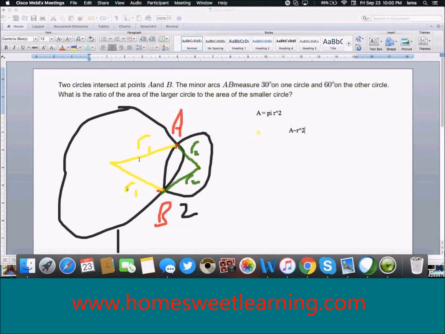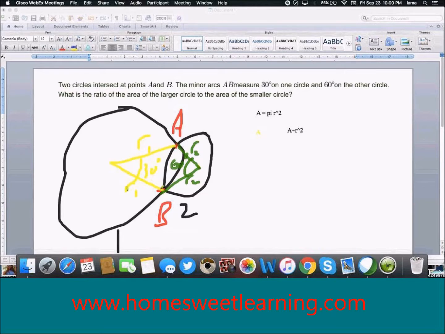That's clearer if I had a more accurate drawing, but we can tell that this angle right here is going to be the 30-degree one, and this one right here, where's my green, there's my green, that's the 60-degree angle.